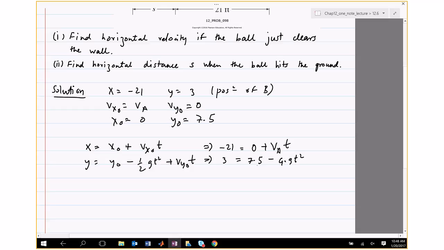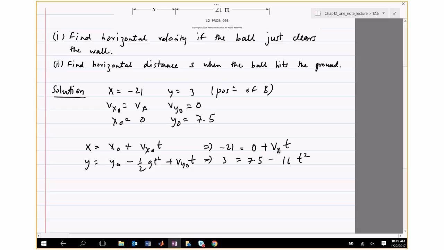What's that? Question is B. Oh, the question is 32. Oh, good catch. 32 divided by 2, so that's 16. Good catch.